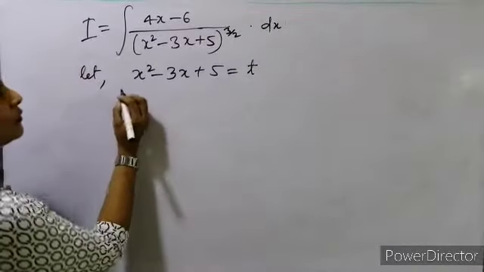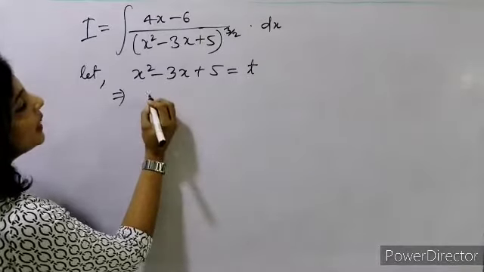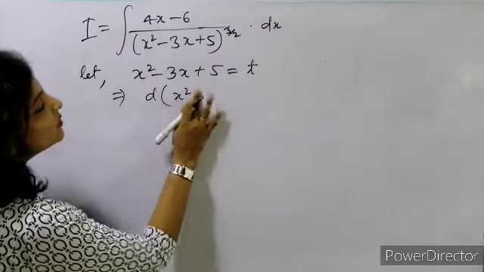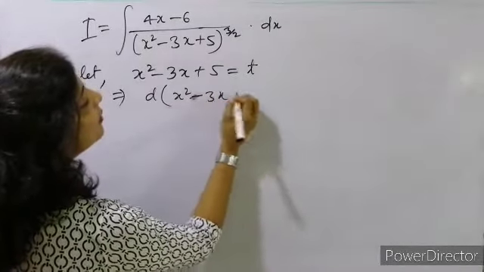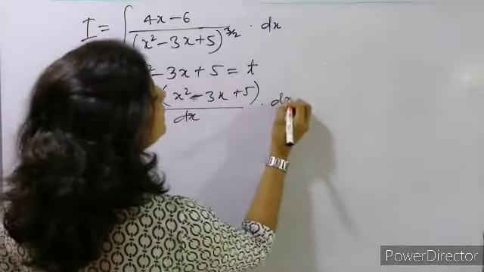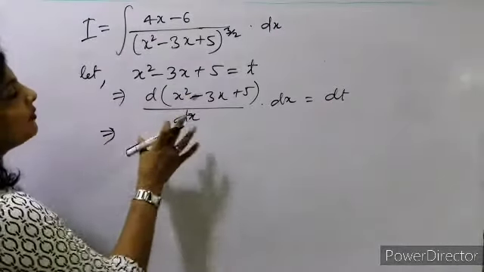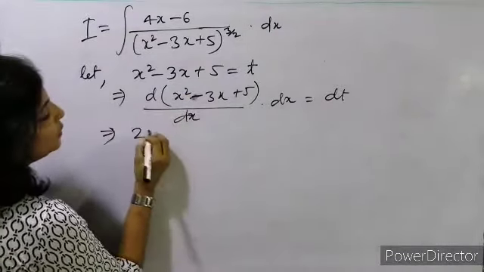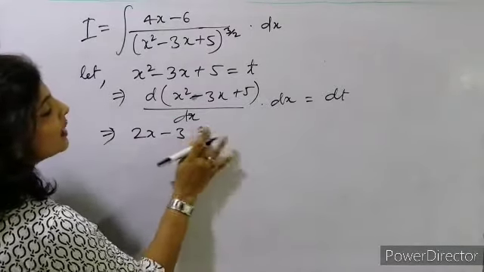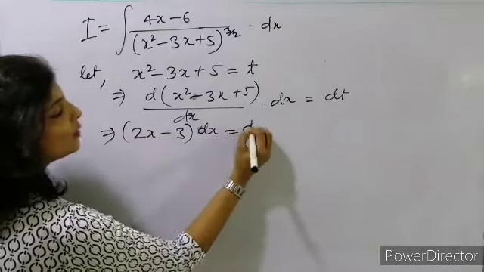Now we differentiate this: d of x square minus 3x plus 5 with respect to x into dx gives dt. Differentiating this, we get 2x minus 3. That means 2x minus 3 dx will be equal to dt.